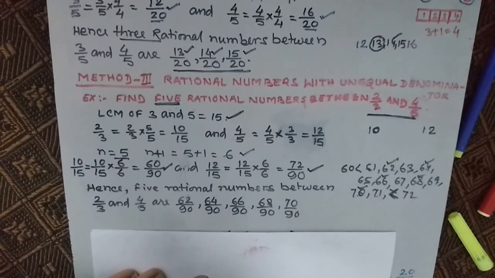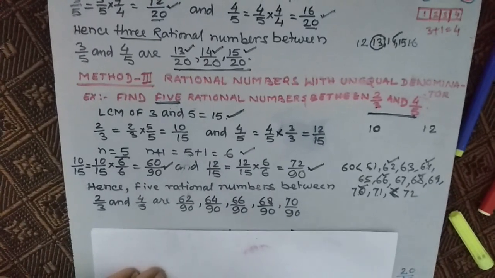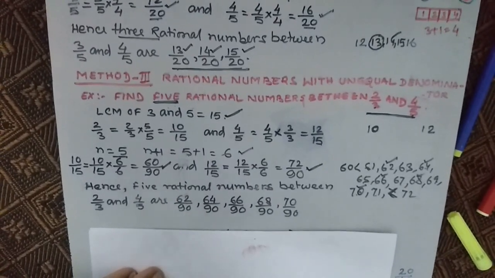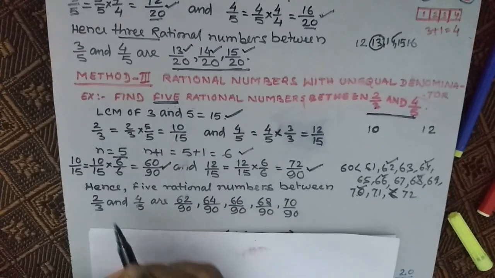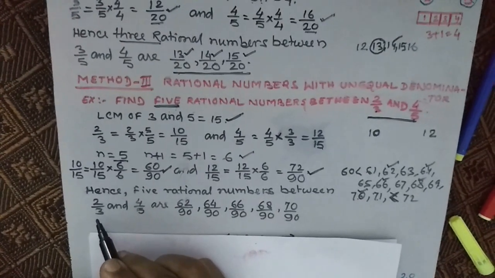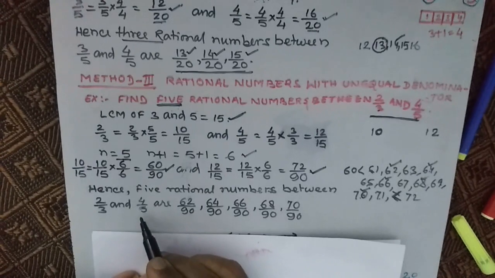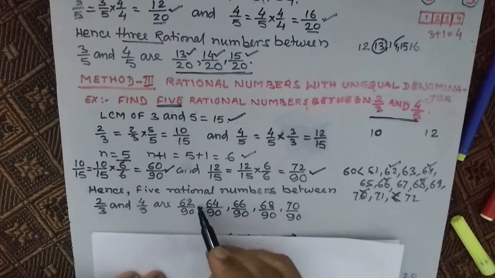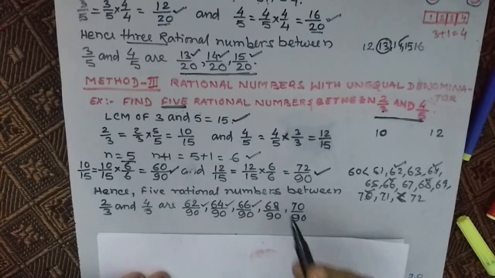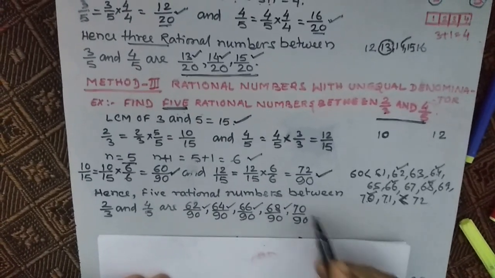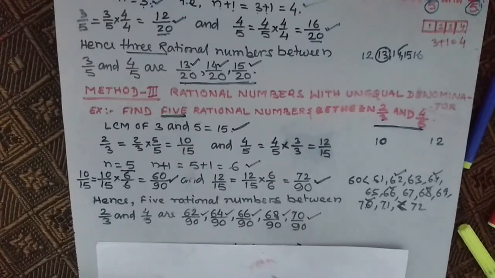This keeps the separation between the rational numbers equal. That is, the 5 rational numbers between the rational numbers 2 by 3 and 4 by 5 are 62 by 90, 64 by 90, 66 by 90, 68 by 90 and 70 by 90.